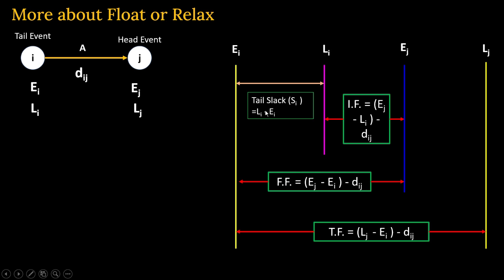That is your tail slack. And similarly, the head slack is what? Latest finish time minus earliest finish time. So if you remember this, you'll get the total formula installed in your mind.